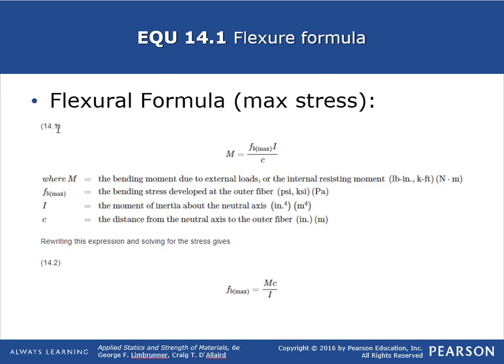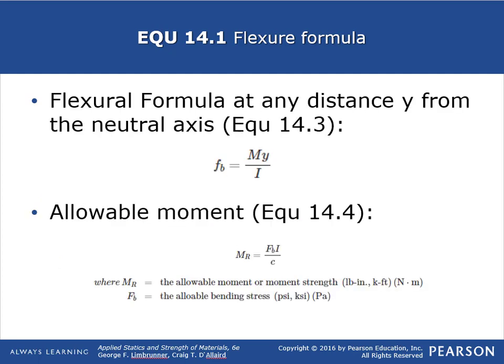But if we write it generally, we can say the flexural formula at any distance y from the neutral axis is FB, which is our bending stress, equals M y divided by I. In some cases, we're going to have an allowable moment, in which case we're given an allowable bending stress, which we give the character capital FB, and then MR is going to be the allowable moment or moment strength.